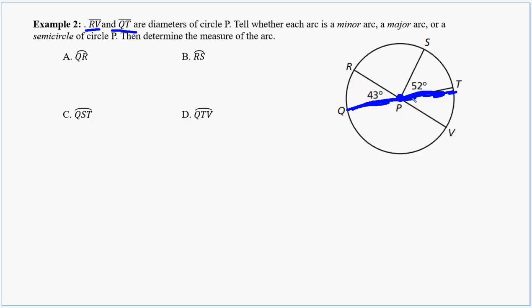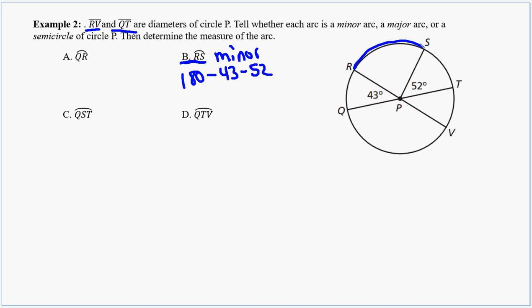That's 180 degrees. And we've got 43 here and 52 here. So if we want to find arc RS, and I guess that's right here. Let's fill this in. RS. RS is a minor arc. Minor. And it's going to equal 180 minus 43 minus 52.